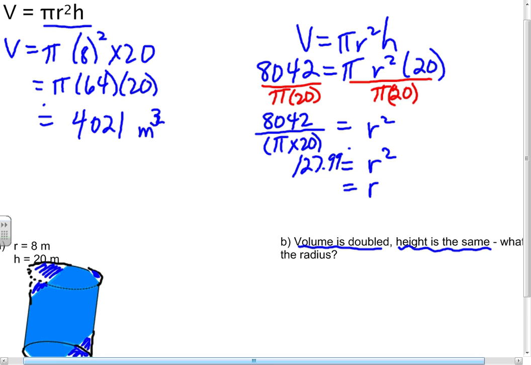You know that the radius has to be positive, so I don't have to consider the negative answer. So what I'm actually going to type in my calculator for this is square root of answer, so that I haven't created any rounding errors. So second function square root of my answer is about 11.3.